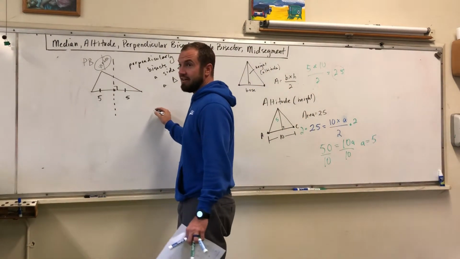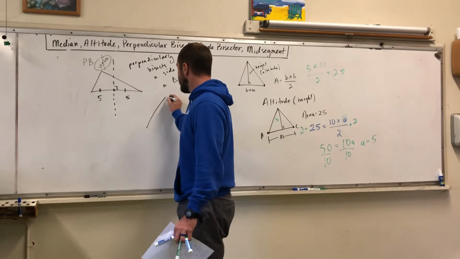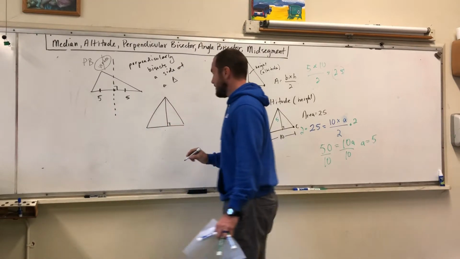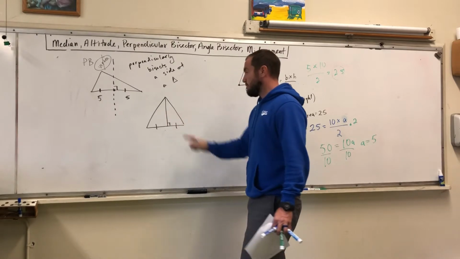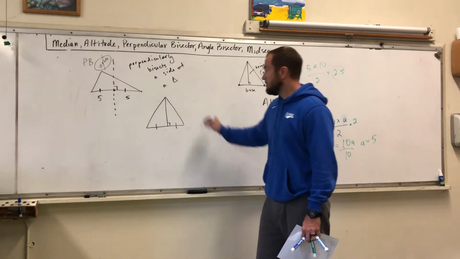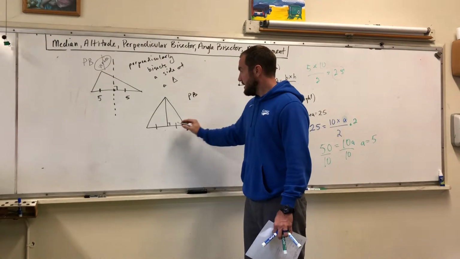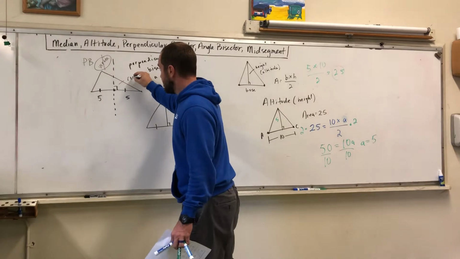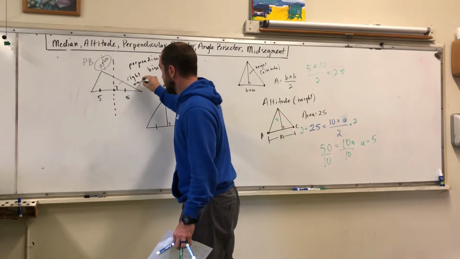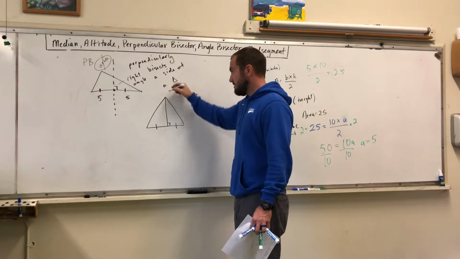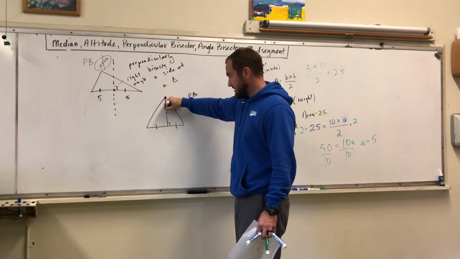Now, what if I had this? Is this a perpendicular bisector? Absolutely it is. Yeah, that's a PB. It's perpendicular. It has a right angle. And it's also bisecting. But also it has a vertex.